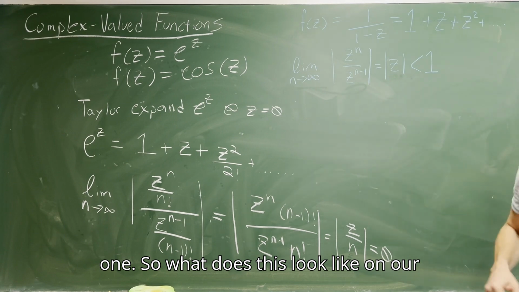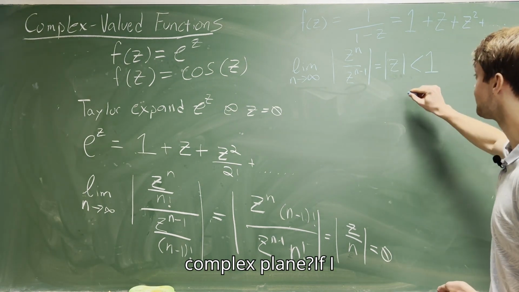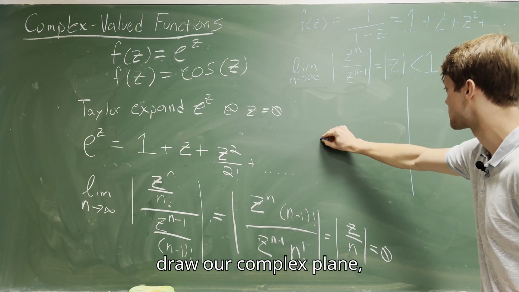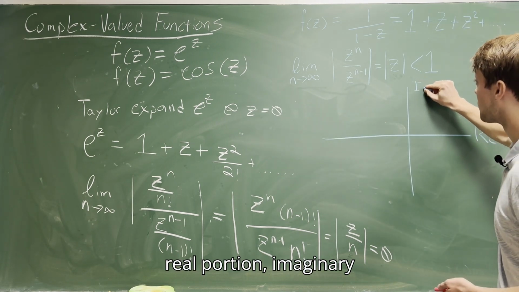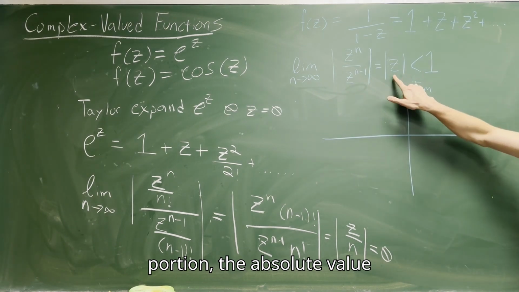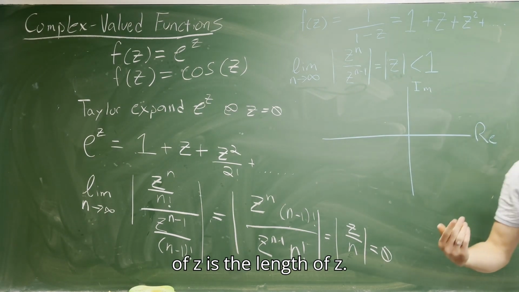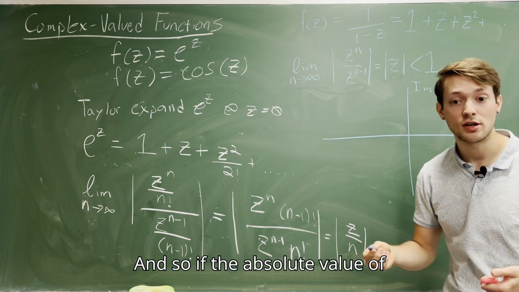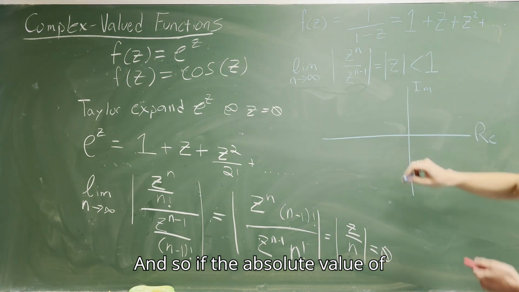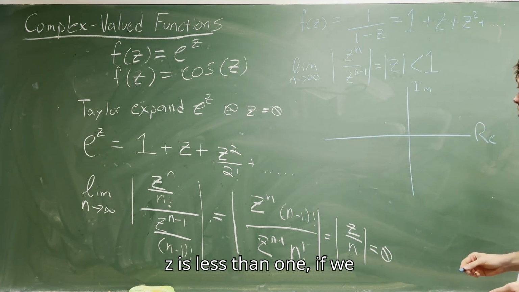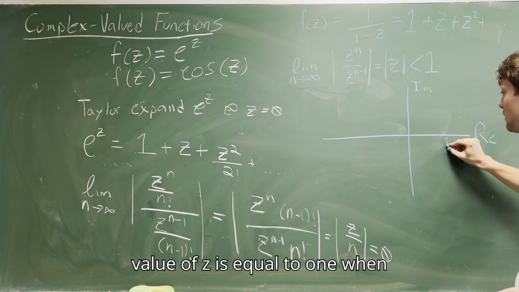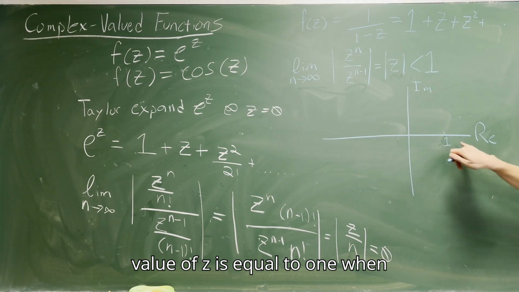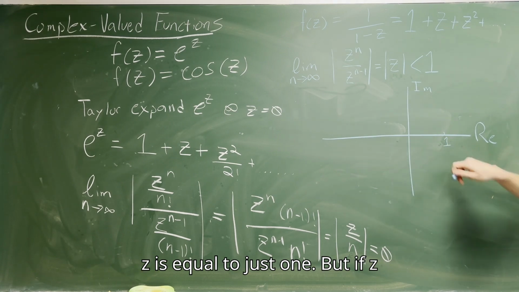So what does this look like on our complex plane? If I draw our complex plane, real portion, imaginary portion, the absolute value of z is the length of z. And so, if the absolute value of z is less than 1, if we plot out a few points, the absolute value of z is equal to 1 when z is equal to just 1.